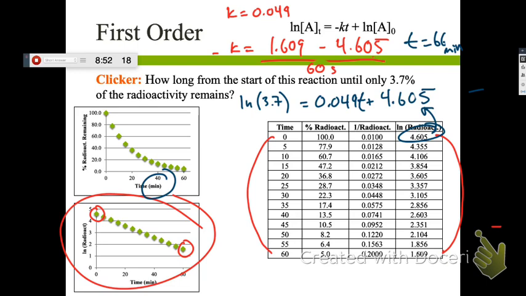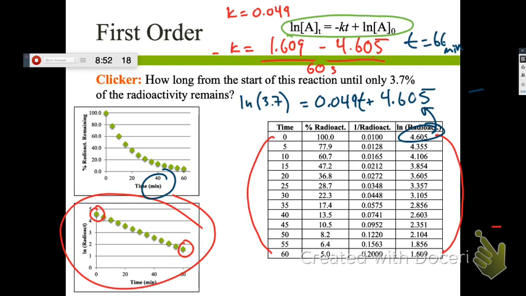Let's compare now our differentiated rate law and our integrated rate law. This is our integrated rate law, the one that I'm going to circle in green. That's our first order integrated rate law. What information can we use that equation to help us find? Time to go from a certain concentration to another concentration.